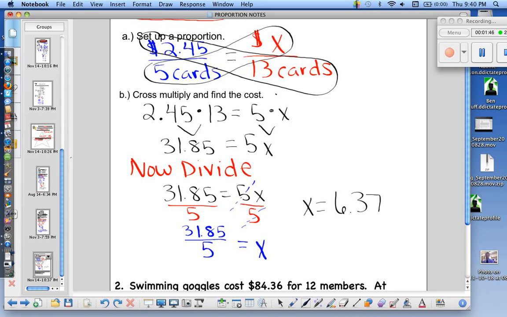And again, we need to label. So we got to go back up here, and x was in dollars, so we have to label it dollars. So if there are any questions, make sure we stop the video, and if not, we can go ahead and check number 2.